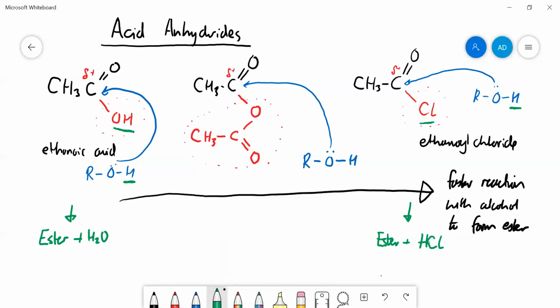And here you're going to get the ester. And what's going to be the small molecule which is eliminated? Well, you're going to lose that H, and then you're going to lose all of this bit, aren't you? So the small molecule is going to be, in that case, ethanoic acid, but it's going to be the carboxylic acid. That's the small molecule which is eliminated.